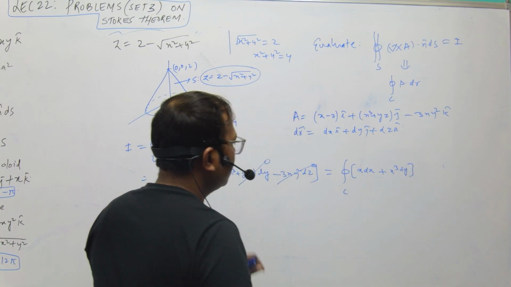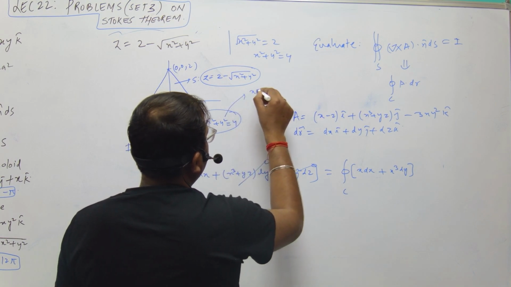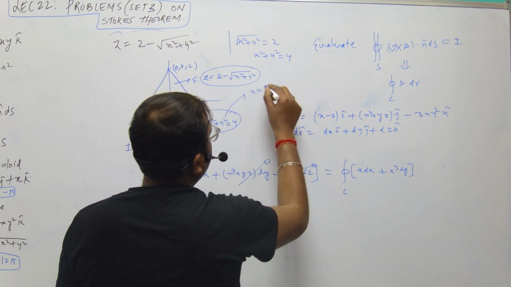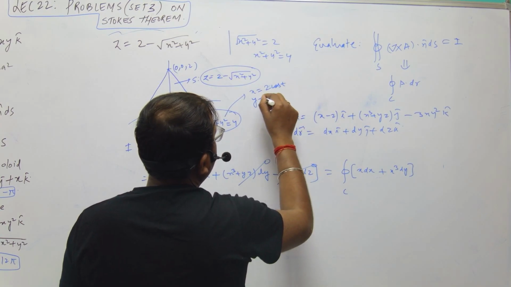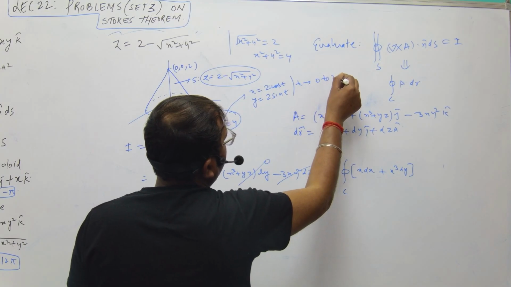In terms of parametric form, we can represent this circle as x is equal to 2 cos t, y is equal to 2 sin t, and t varies from 0 to 2 pi.